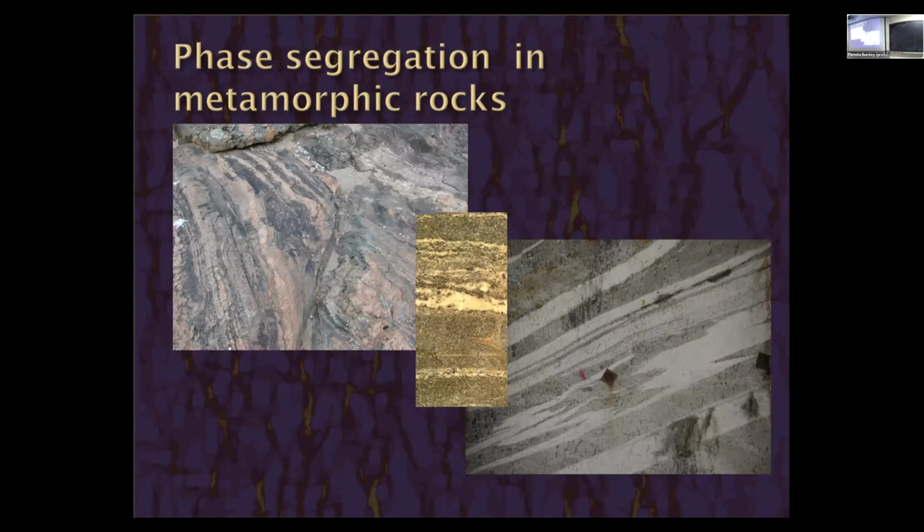The scheme says the micas line up for some reason, then they buckle and make little folds, the folds collapse, you create dissolution in the fold limbs, and you put things in the fold limbs. That's the explanation for phase segregation in metamorphic rocks.